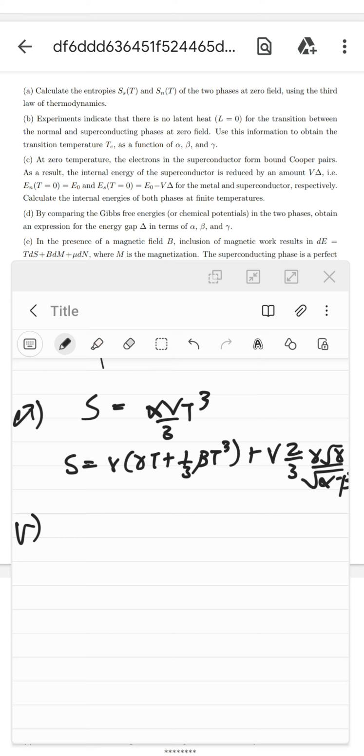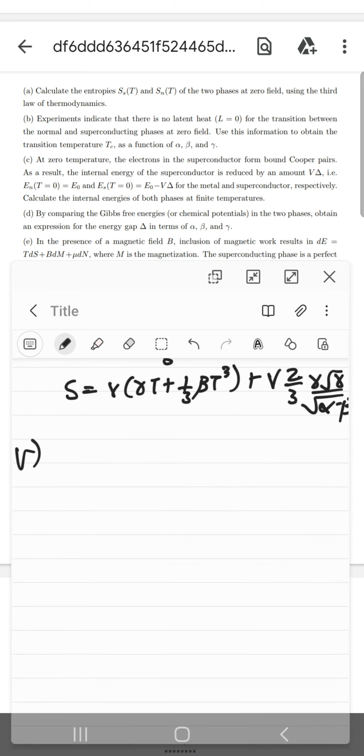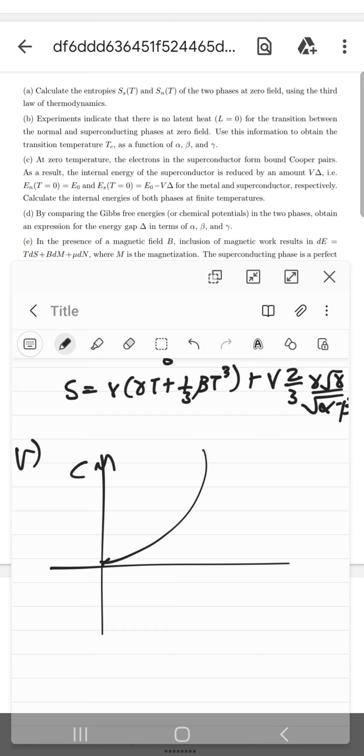Wait, didn't we actually just do that? I think so. Yeah, right. Oh, okay, we actually directly used that. Should have known. There's a problem. I get it. So the specific heat goes like this. Initially, it just goes cubically and then it goes quadratically.